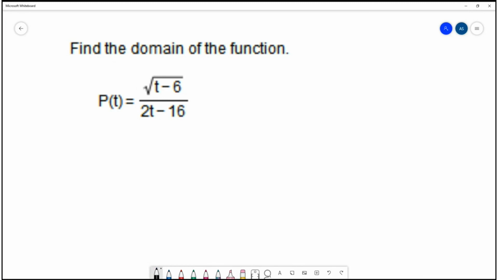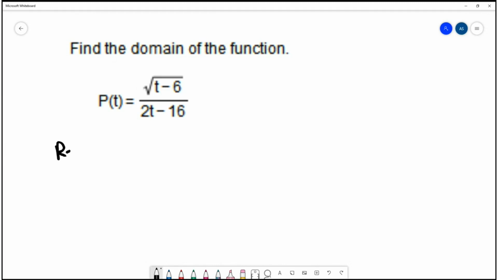You can see that we have a square root in the numerator, but we also have a variable in the denominator. So it's a combination of a radical function, or sometimes we call it a root function, and a rational function. So we need to consider both of these ideas when we're finding the domain.